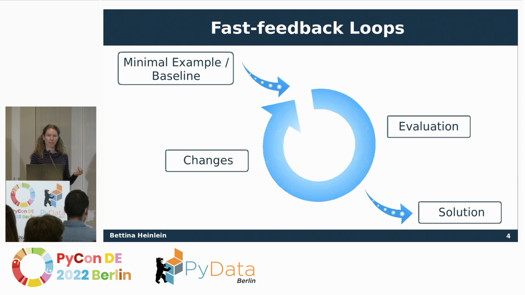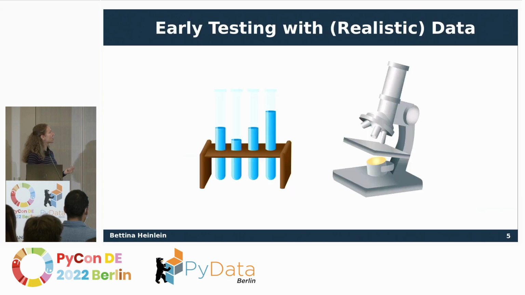So we have a certain mental model, and during our process we need to update it and to fill in missing information. And to do this, we can, for instance, test with, at best, realistic data.